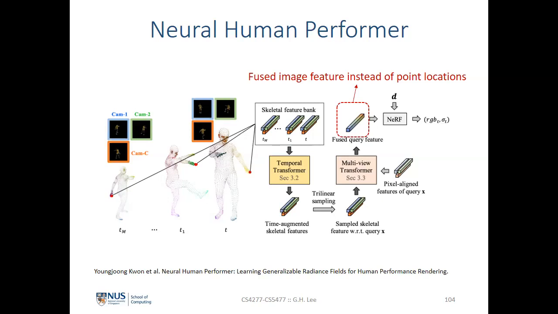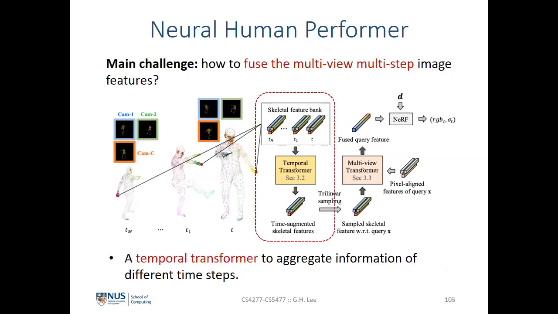And now in this Neural Human Performer, which was published in NeurIPS last year, I think, or the year before, I can't remember, there are two steps to it because it's multi-view, multi-time step. So you need to fuse these features together over multi-view and multi-time step. So what they do is introduce two transformers. One is the temporal transformer, and the other one is the multi-view transformer.